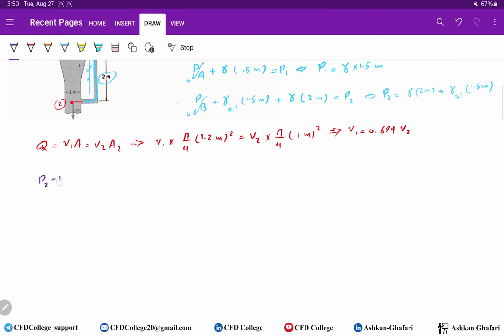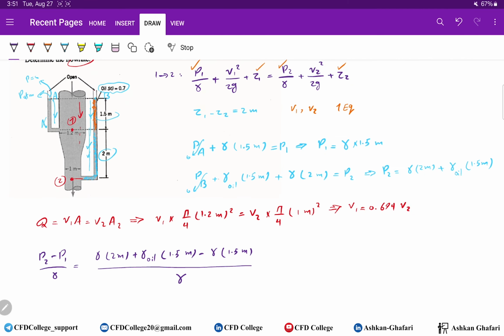Okay, P2 minus P1 over gamma equals, we know P2 and P1, gamma times 2 meters plus gamma of oil times 1.5 meters minus gamma times 1.5 meters, divided by gamma.